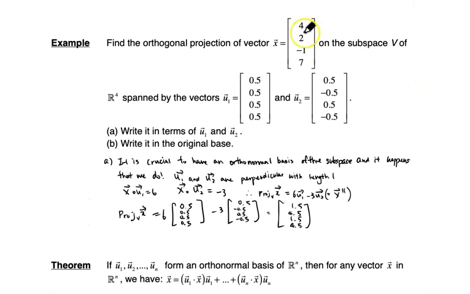In this exercise, we will talk about it again in a minute as we compare these two methods. We were able to find the projection in terms of u1 and u2, and then we also found it in terms of the original basis. So in section 5.3, we are only able to do part B, basically.